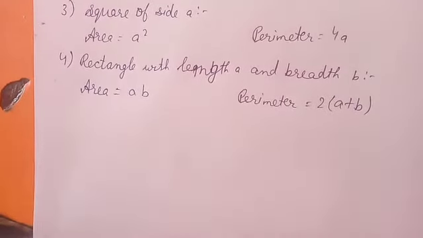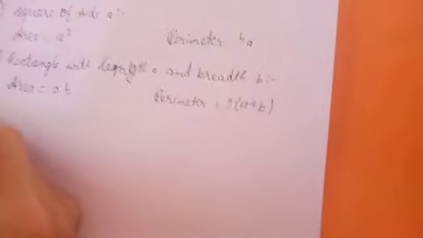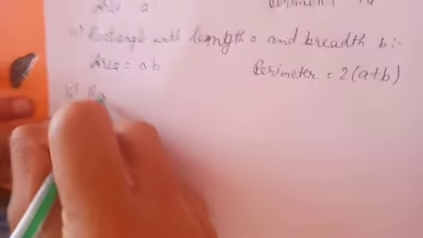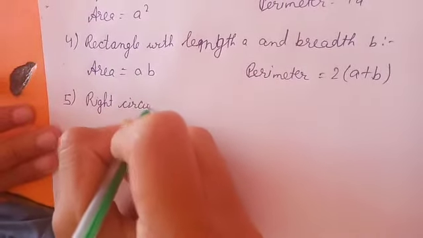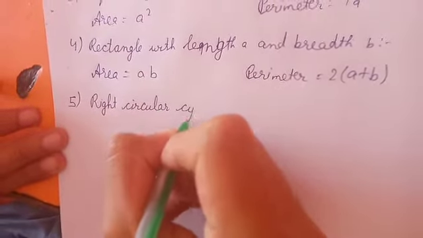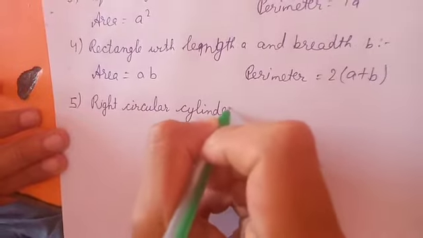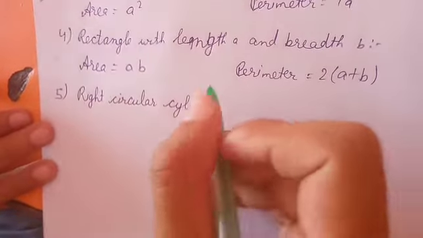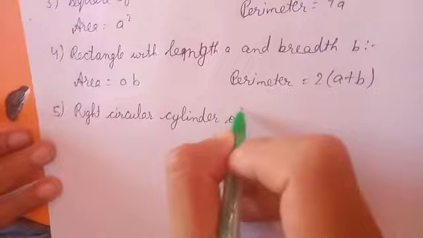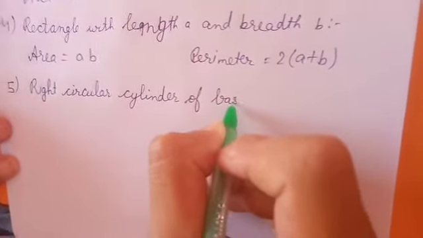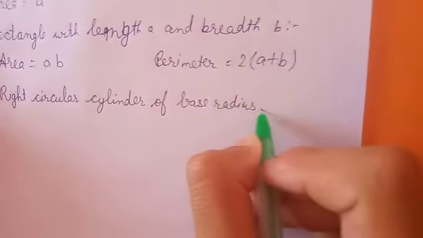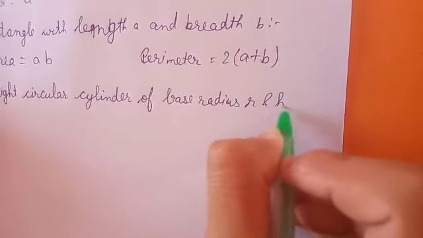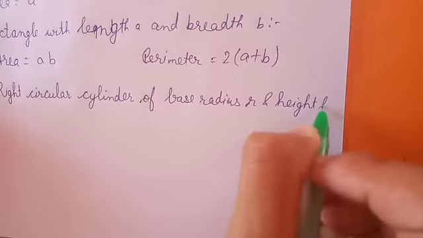Next we are going to talk about the right circular cylinder, of base radius r and height h.